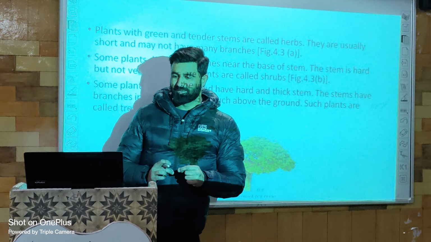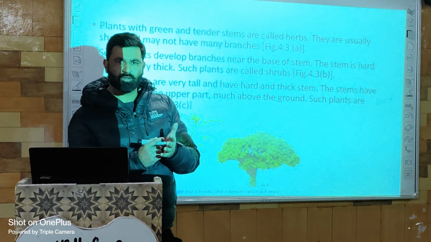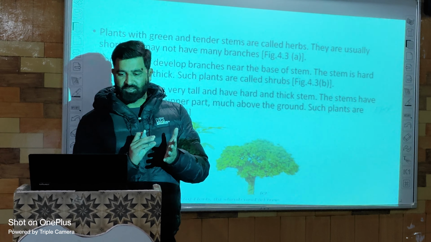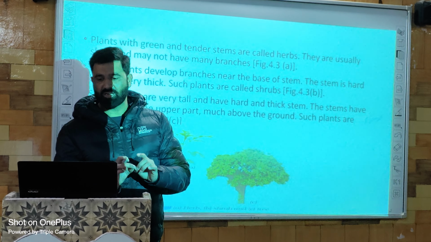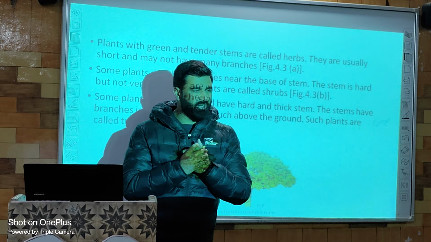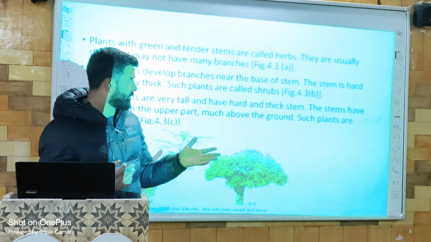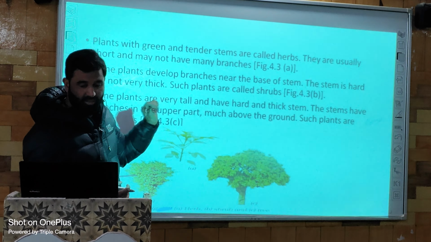They are usually short and may not have many branches. These herbs are very short, and their stems are green and very tender. They have soft stems, and they are usually short and may not have many branches. And they are called the herbs.